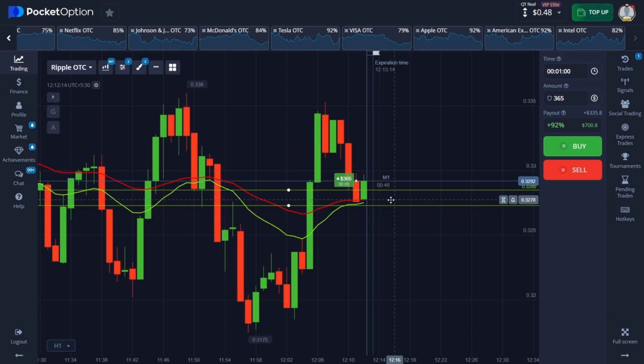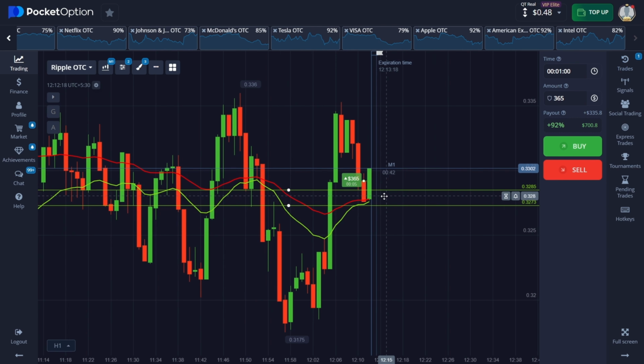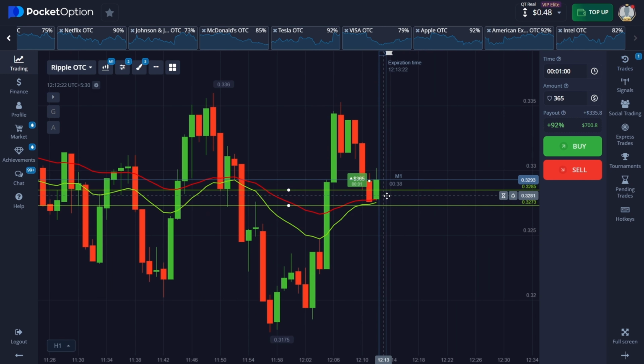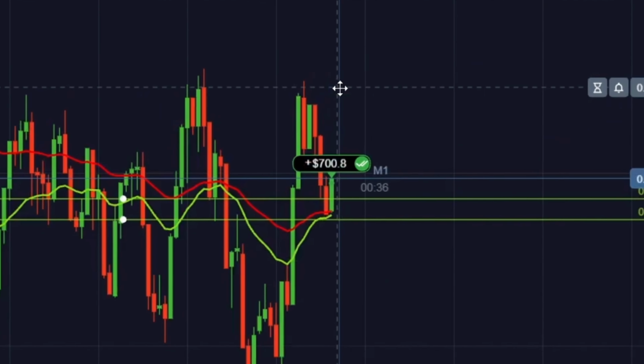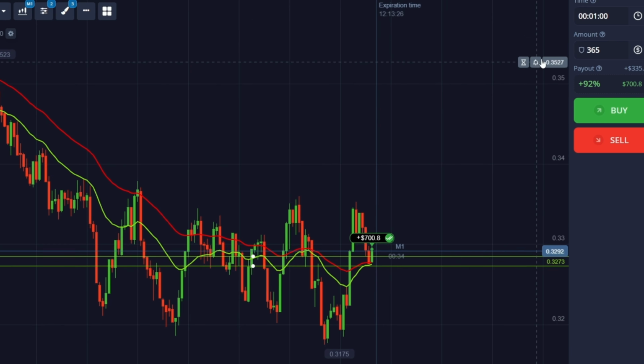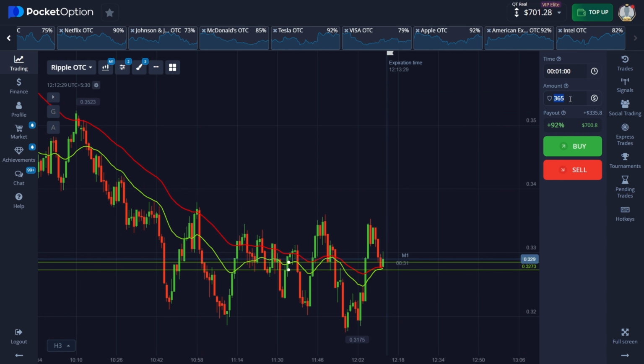The next candle came back and our trade is now going in our favor. With 6 seconds left, we won another trade. My balance has now turned into $701.